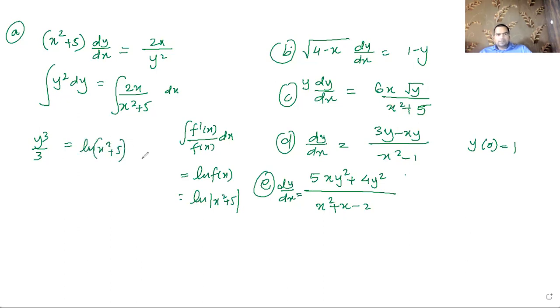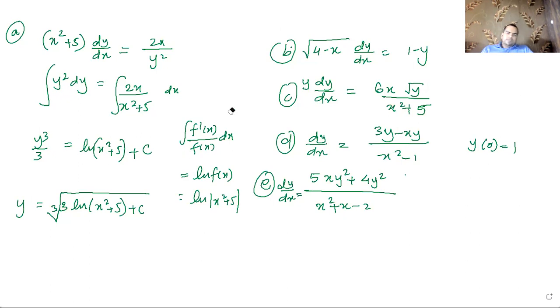Anyway, x squared plus 5 is positive, so you can just ignore the absolute value, and plus c. So y cubed equals 3 ln of x squared plus 5 plus c, and then you take the cube root of this. So the cube root of this will be the exact function that we have got.